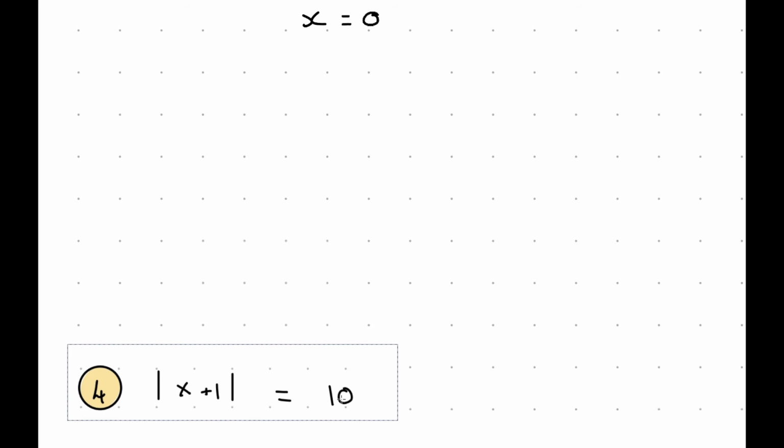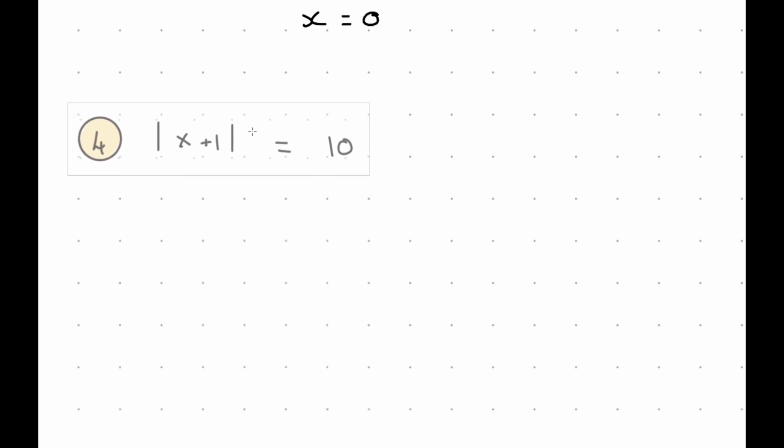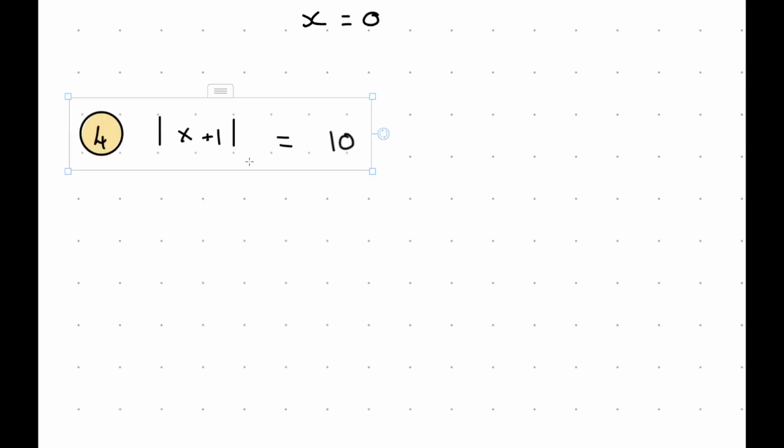The next one then, I'm going to move it up just so we have a little bit more space. So the next one is going to be question 4, and it's the modulus of x plus 1 is equal to 10. Now the modulus of x plus 1 is equal to 10 can be rewritten as x plus 1 is equal to plus 10, or x plus 1 is equal to minus 10, and that's got to do with the modulus here.